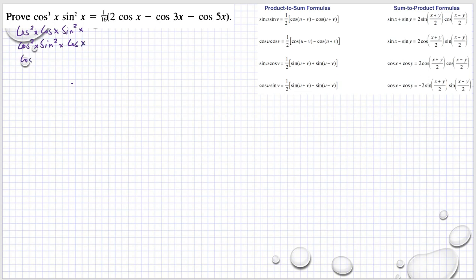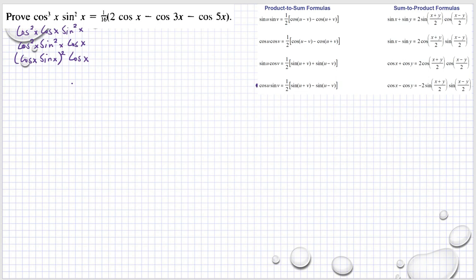Then we have cosine x sine x. If we group them together in a parenthesis, square cosine x. And we know that we have cosine x sine x here.